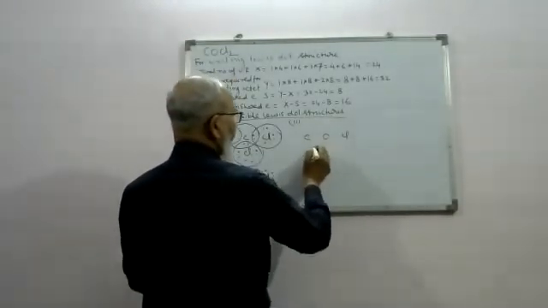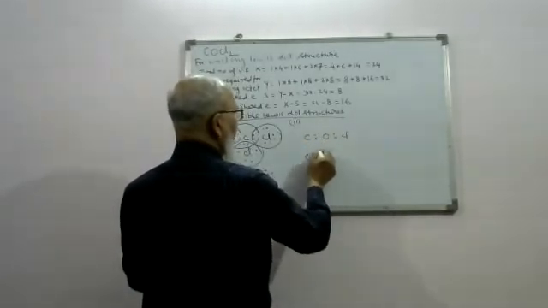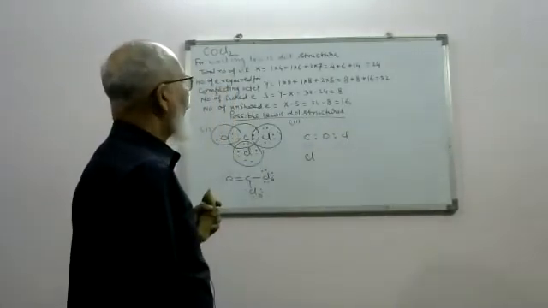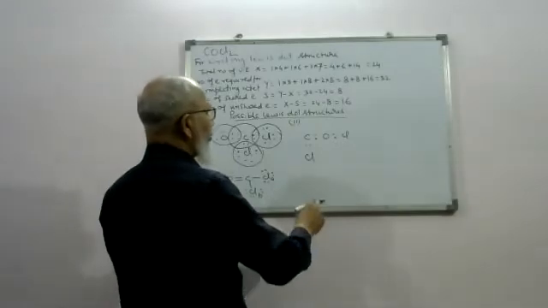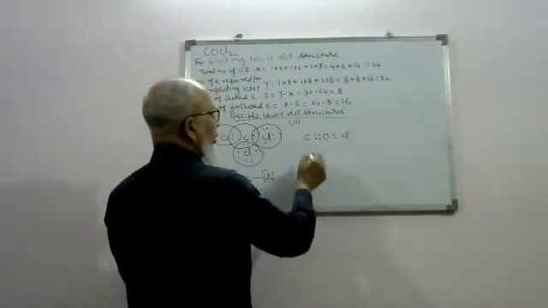So this is your 2, 2, 4, 6. You have to share 8 electrons. So this is your 2, 4. Okay.